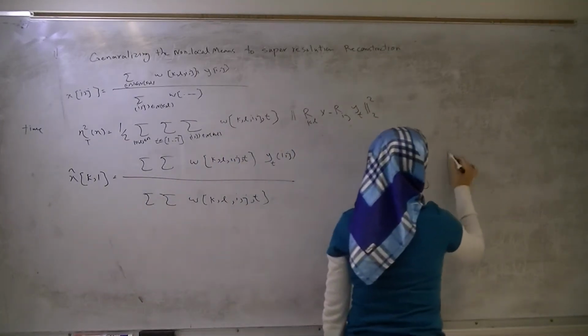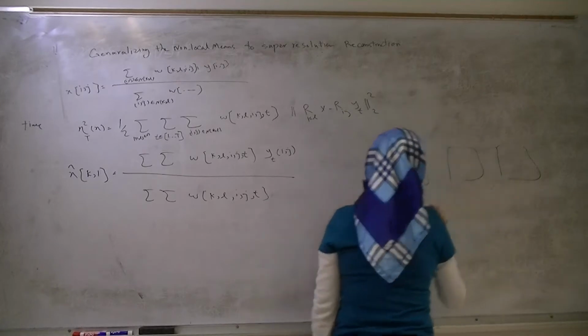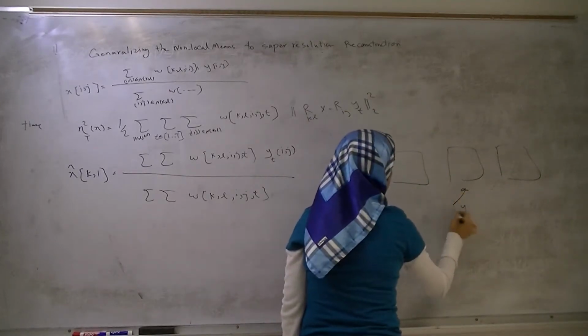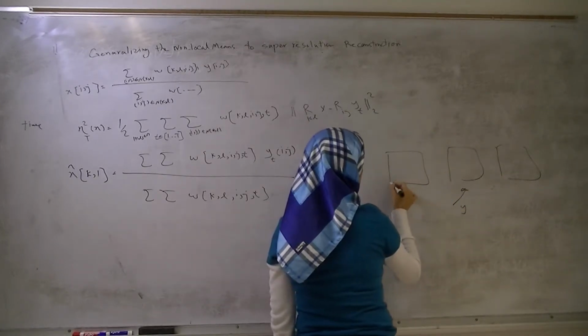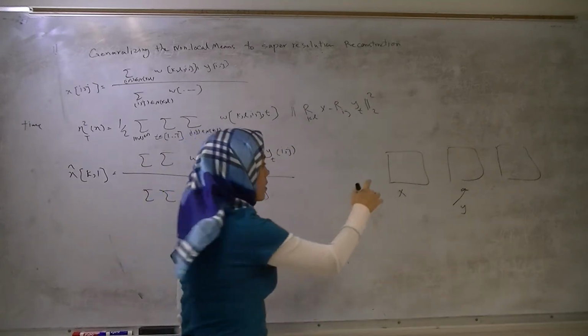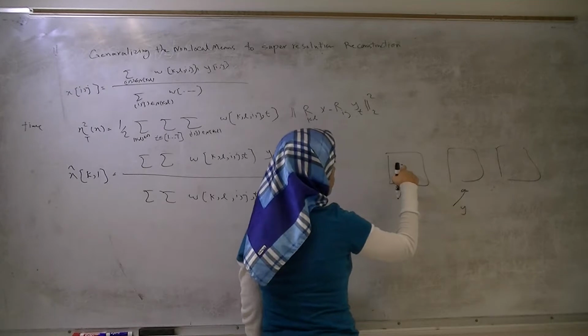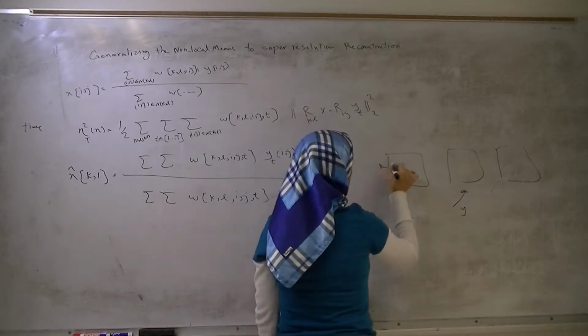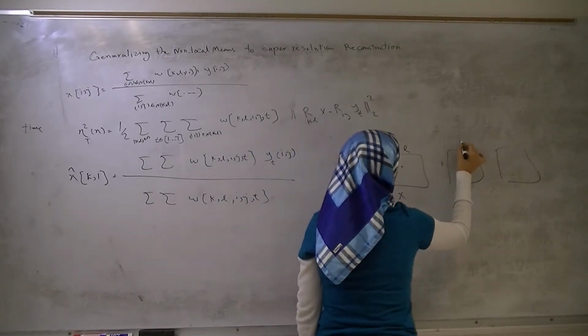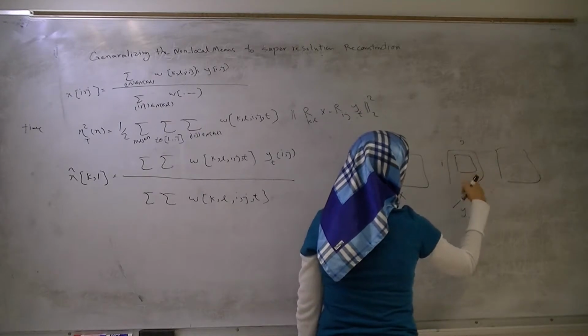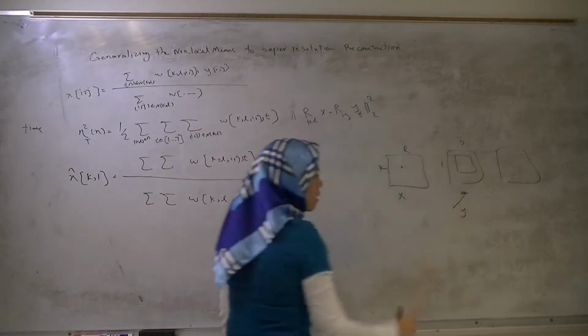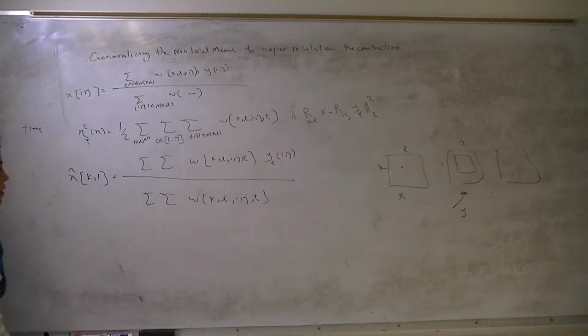For example, this one is our Y, and this one is our X that we are trying to denoise. The KL is in our resulting image, but the IJ is in our input images.